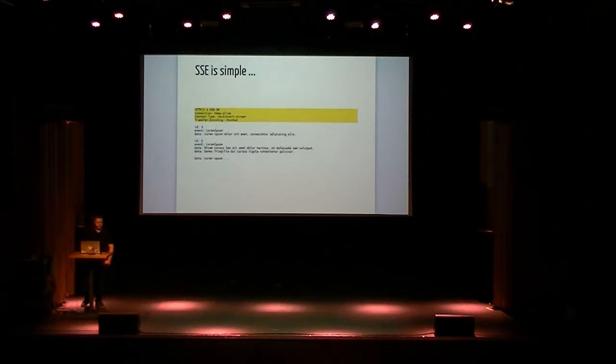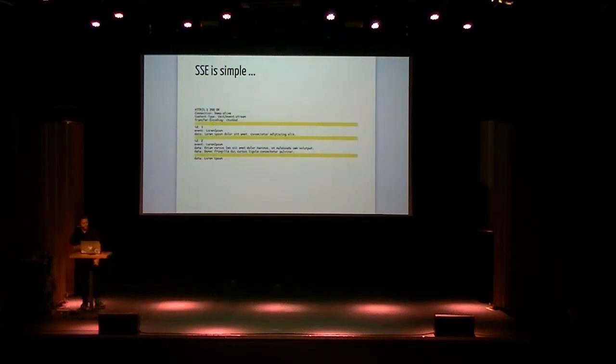From this moment, the client starts listening for the events, and it does so by looking for special characters. The first special character is end of line. If the line is empty, it means that the event has just ended. You can call the client-side code, whoever is listening for that event, it's ready. If the line was not empty, it means that a certain field of an event has ended. And the identifier of the field can be separated from its value by a single special character.